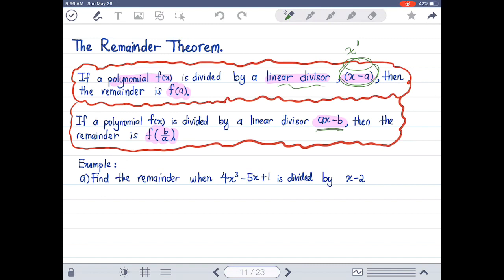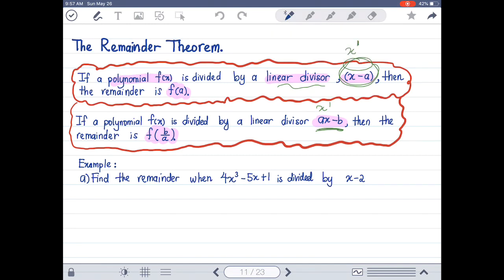And here we also have a linear divisor because x is to the power of 1. And we know that in general, a linear equation is just y equals mx plus c, where x is to the power of 1. If we have a quadratic equation, then we have x squared. Cubic equation, we have x to the power of 3. So linear divisor means that x is to the power of 1.